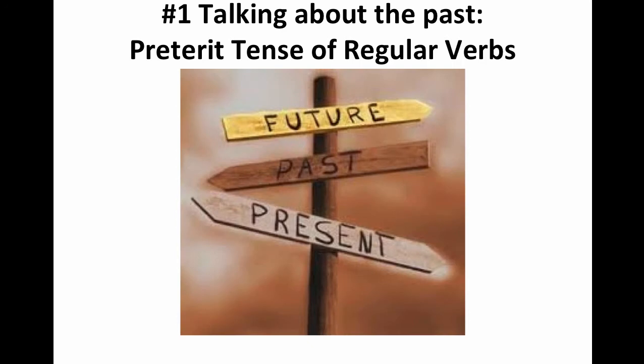So let's continue here. So let's look first at funciones y formas número uno, talking about the past. Preterit tense of regular verbs. Okay? And so there's two different forms and ways to talk in the past in Spanish. And so what we're going to look at today is the preterit tense of regular verbs.